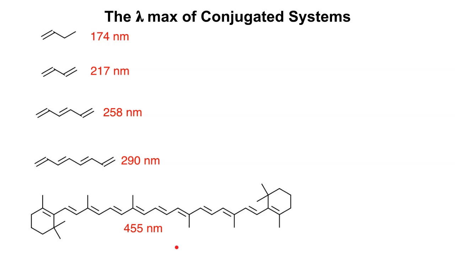It's getting weaker and weaker. So something that's 217, that's very squarely in the ultraviolet region. And then something that's 455, that is something that is getting into the visible region. And then above the visible region, if we went all the way to red, then you'd start getting into the infrared. That gets even weaker. Then you can only start vibrating bonds, and so on and so forth.